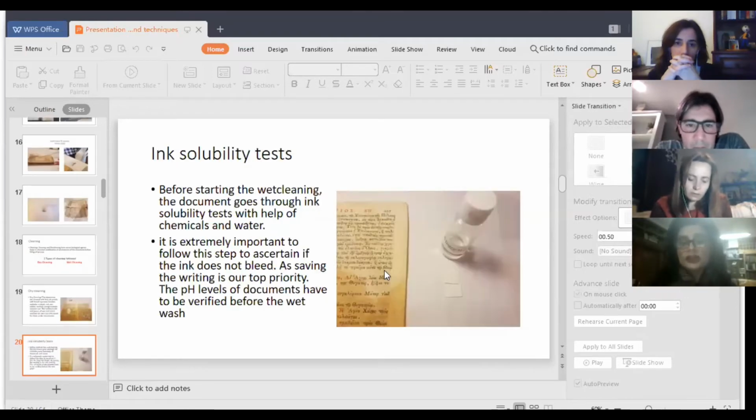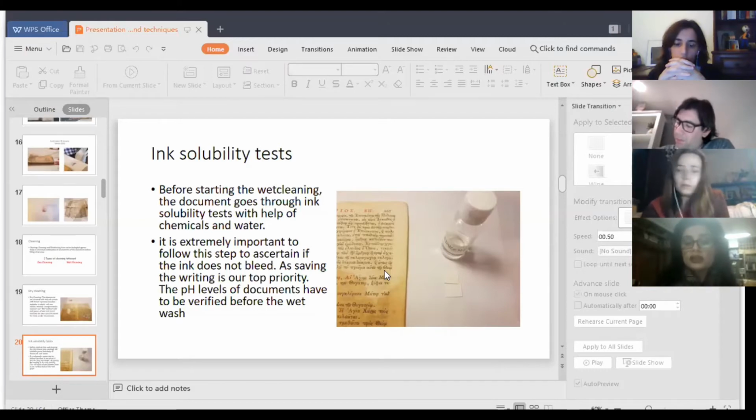Ink solubility tests are extremely important in cases where the ink does not bleed. A lot of research has been done on the kinds and types of inks used since antiquity, but still we lag behind in some way or the other. So the restorer has to go through lengthy processes of ink solubility tests, which we also call spot tests, on different letters or writings on the corner to see if the ink bleeds, because there are certain inks, like carbon, that tend to bleed.